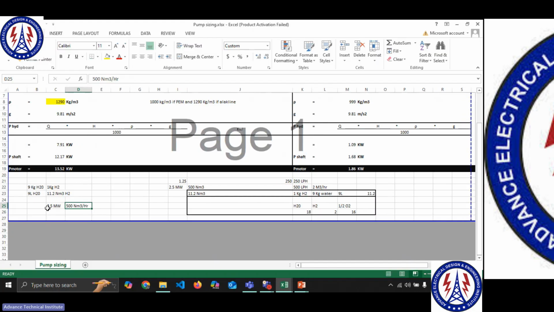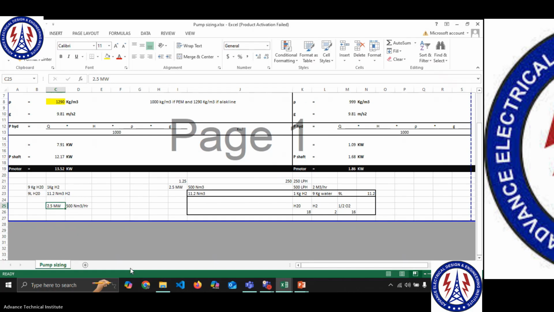So 500 into 5 is 2.5 megawatt. Typically, to generate 1 nm cube, you need close to 5 kilowatt.